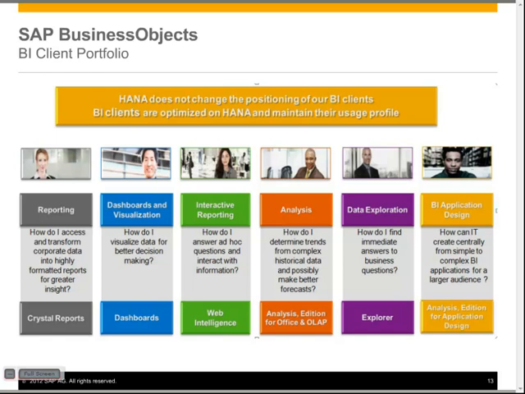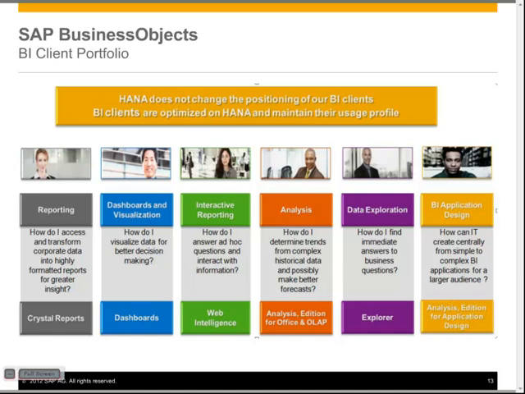Another question is, how do I determine trends from complex historical data and possibly make better forecasts? Then we have the Analysis. Analysis comes both in Edition for Office and Edition for OLAP. If your question is, how do I find immediate answers to business questions?